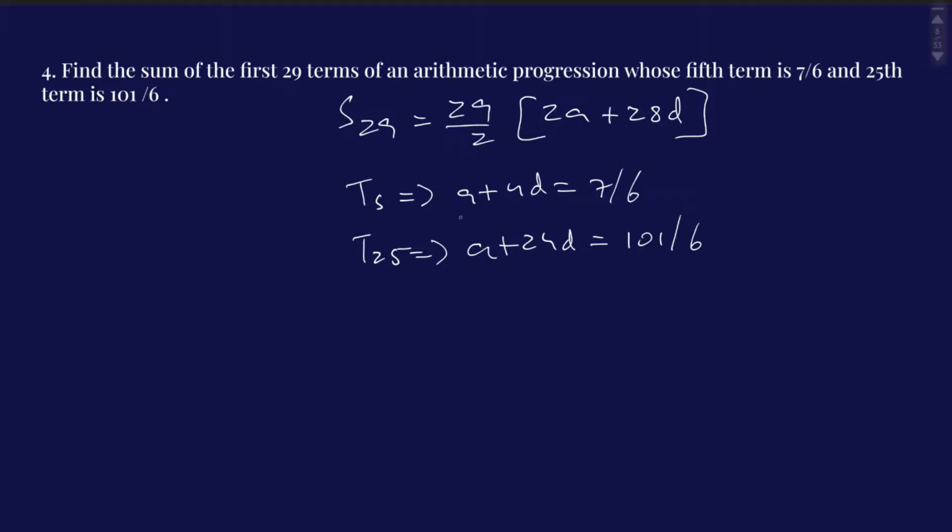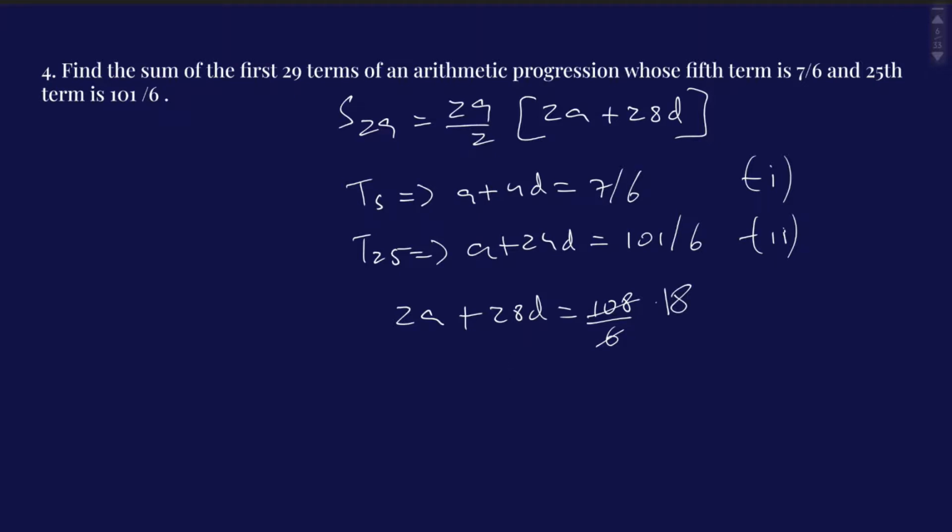So for finding the sum, we need 2a plus 28d. If you observe carefully, if we add these two equations, we will get a plus a, that is 2a, 4 plus 24, 28d, and it is going to be equal to 7 by 6 plus 101 by 6. Okay, so that is going to be equal to 108 by 6. It is going to be nothing but 18.